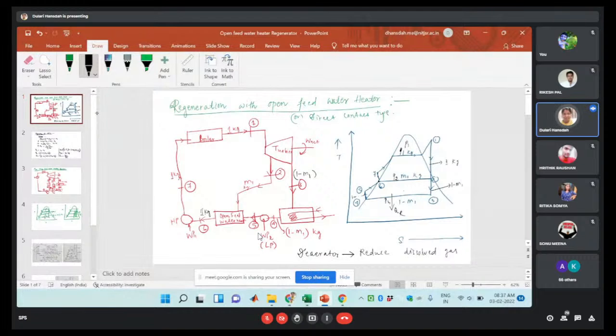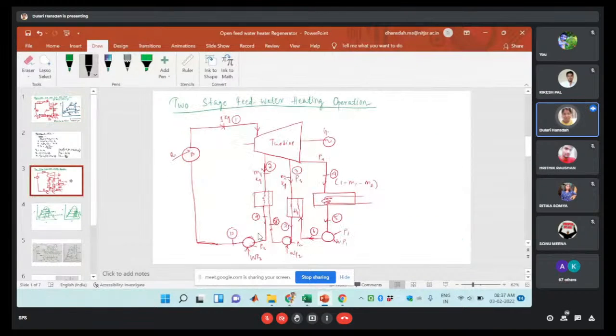So that is the direct contact heater. Then we are discussing the two-stage feed water heating process. If you have any doubt about the previous classes I have discussed, please see the picture in this case. This one is a boiler. From the boiler to the turbine, 1 kg of steam is entering the turbine.